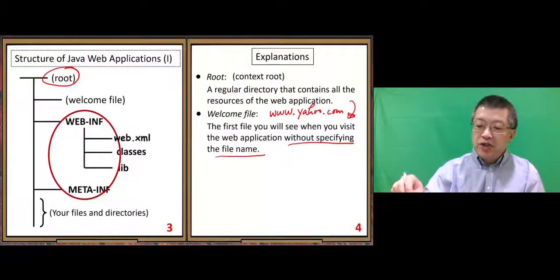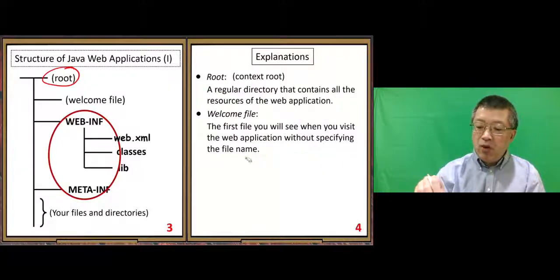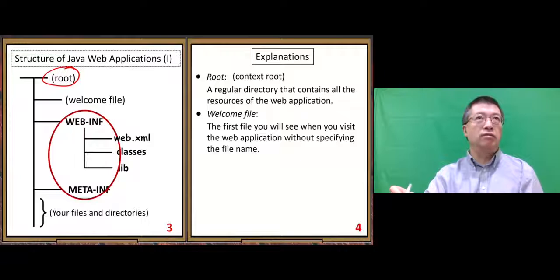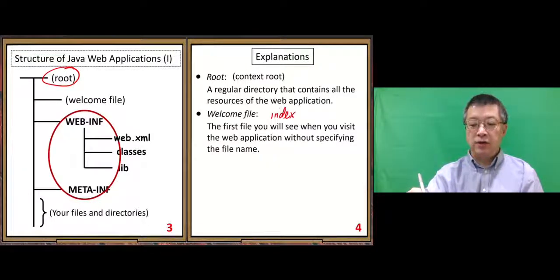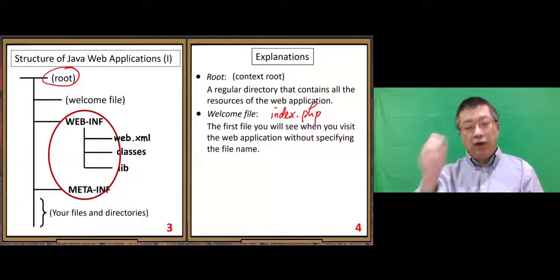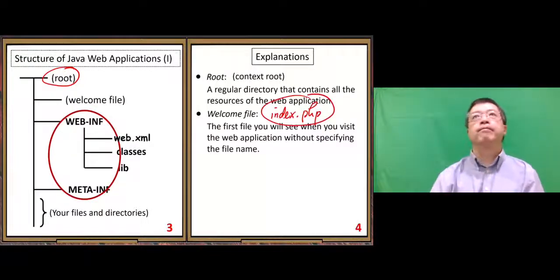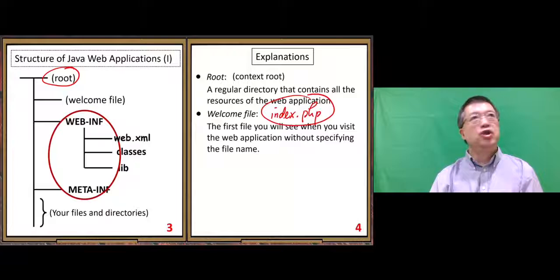For some of you, if you have PHP programming experience, you have this idea. Because in PHP, there is a default welcome file, index.php. That's the default. So by default, the welcome file is always set to this one, and usually people do not change it, they just use it.